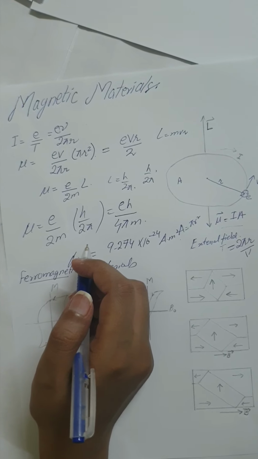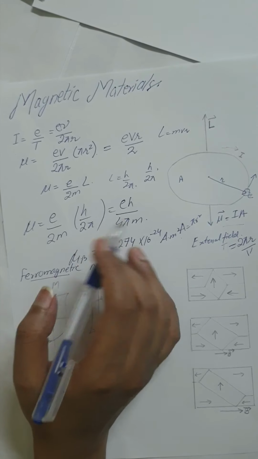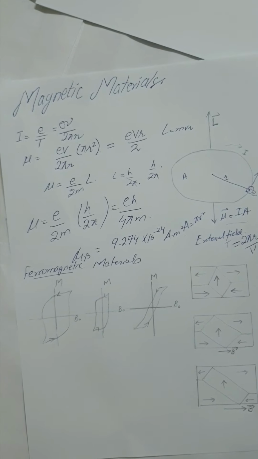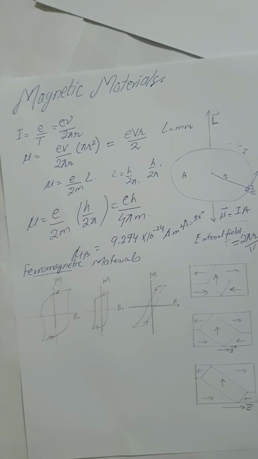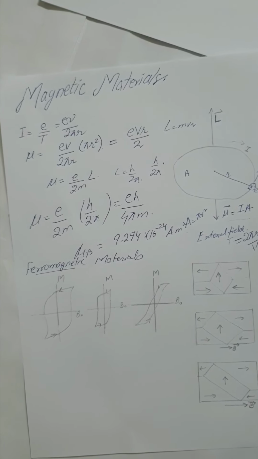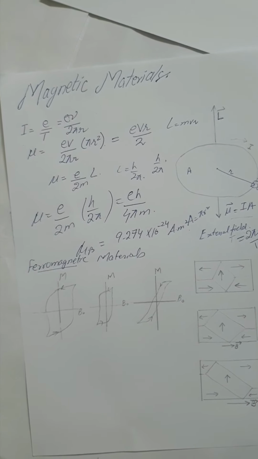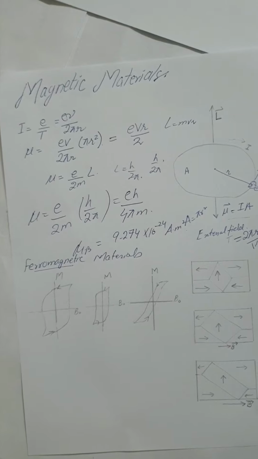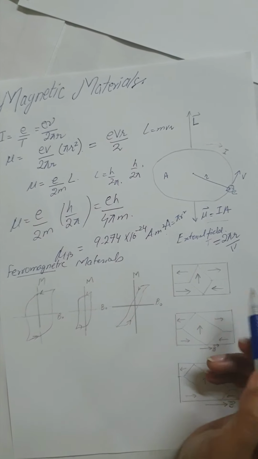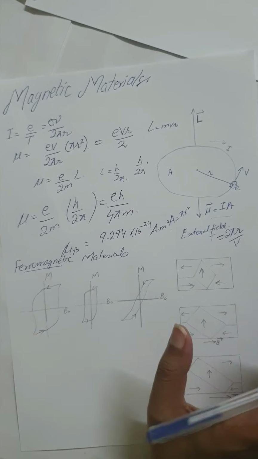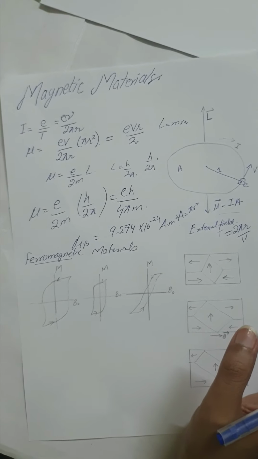For example, iron, nickel and many alloys containing such type of elements are ferromagnetic in nature. In these materials, there are strong interactions between atomic magnetic moments, and it causes them to line up parallel to each other in regions called magnetic domains, even when no external field is present.